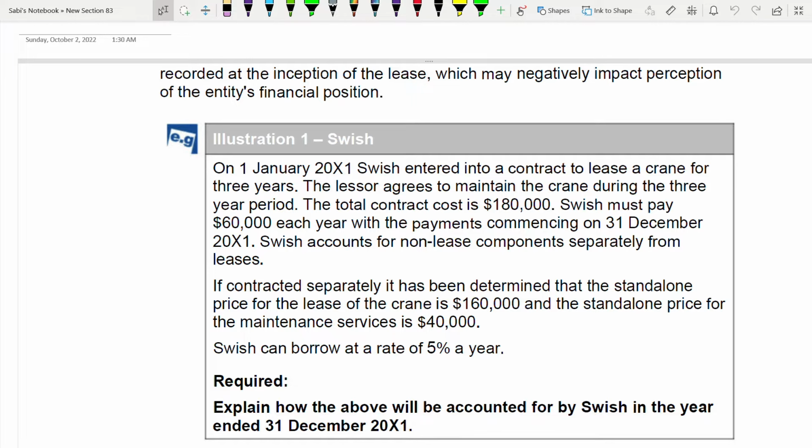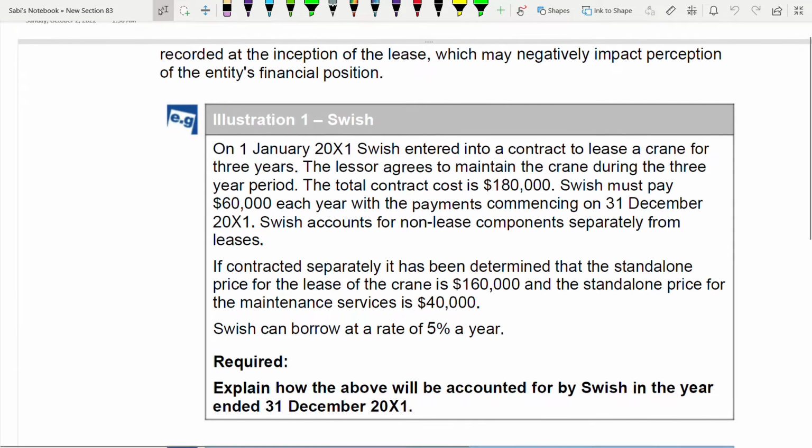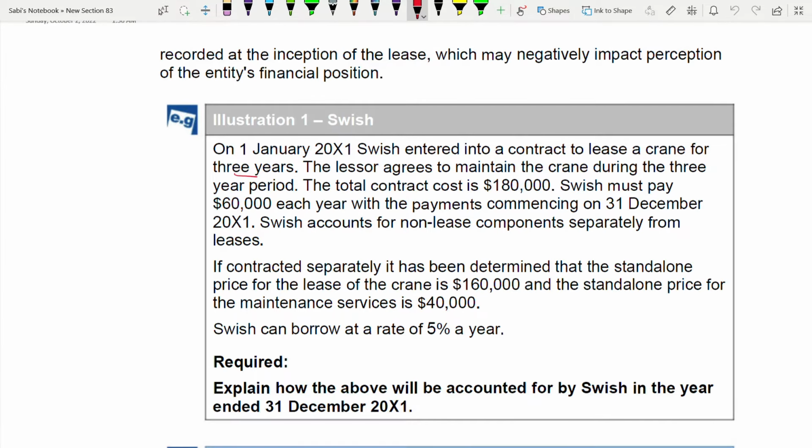Illustration 1, Swish. Swish entered into a contract for 3 years to lease a crane. The total contract cost is 180,000. Swish pays 60,000 each year.